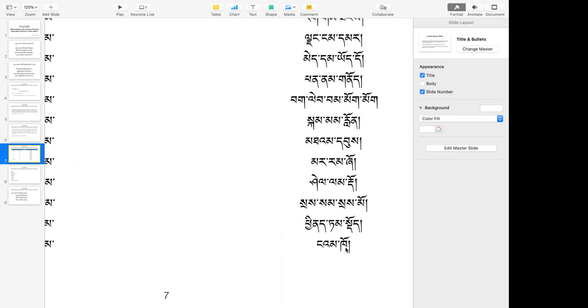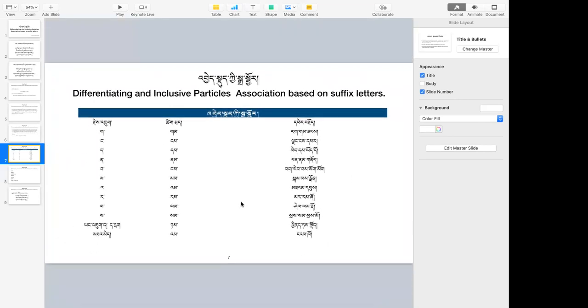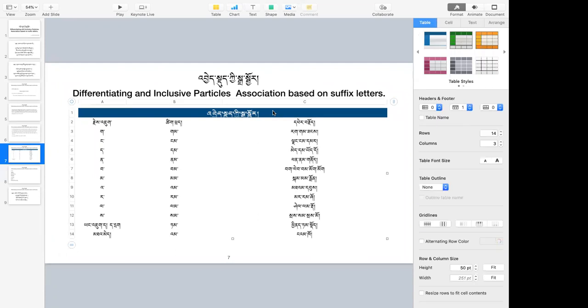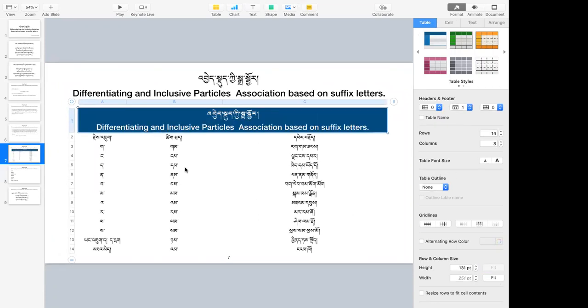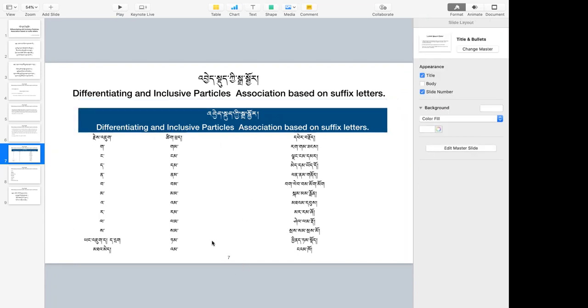Me or him. So we see that these are examples of the association of the differentiating particles and inclusive particles with suffix letters.